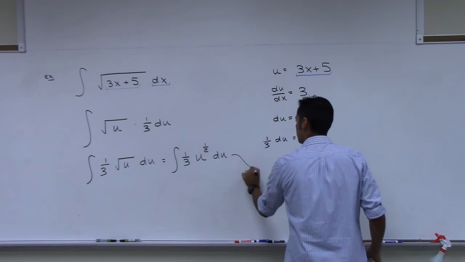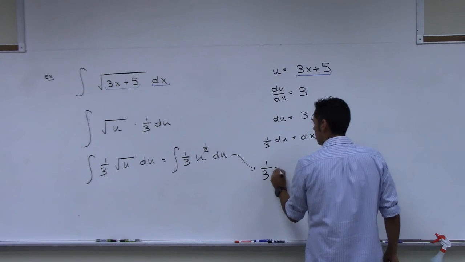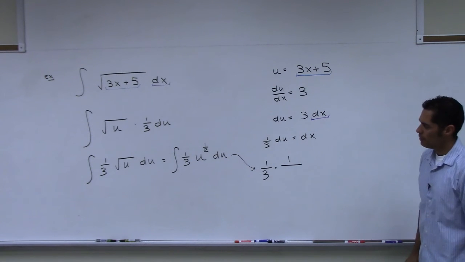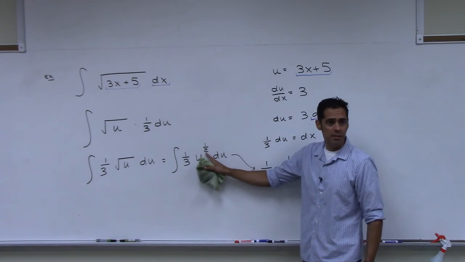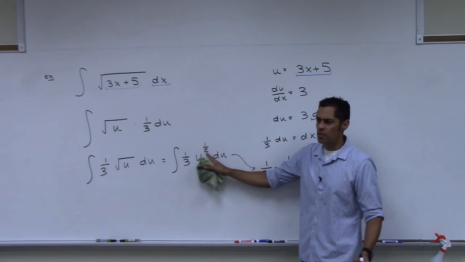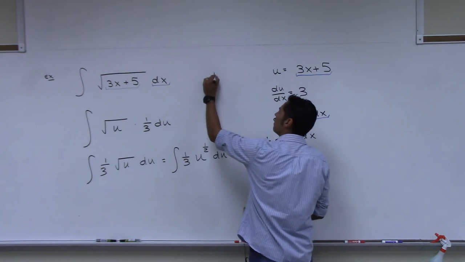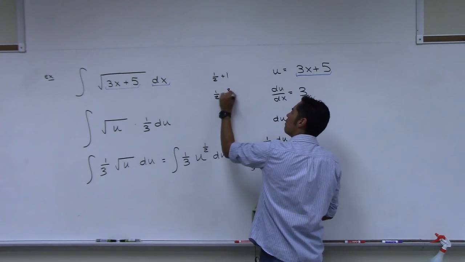This becomes 1/3, comes for the ride, and then I'm going to have 1 over what? I have to add 1 to this, right? I heard 1.5, which is correct, but I'm going to keep it as a fraction. What's 1/2 plus 1? That's the same as 1/2 plus 2 over 2.